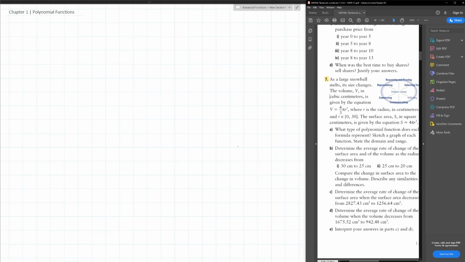Okay, 30 to 25. So what we have is volume, just because it's the first one. And what points do we have? We have 30 and 25.